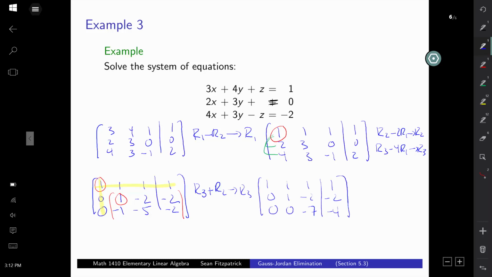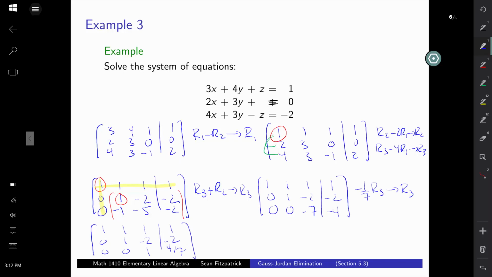They show up sometimes, and there's not much you can do about it. The next thing I've got to do is minus 1 over 7 row 3. That's going to be my new row 3. So we recopy the first two rows. 0, 0, 1, and 4 over 7.